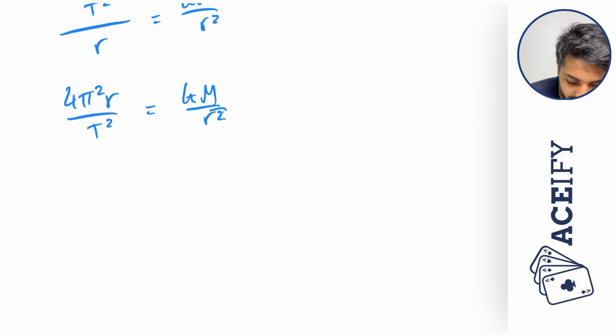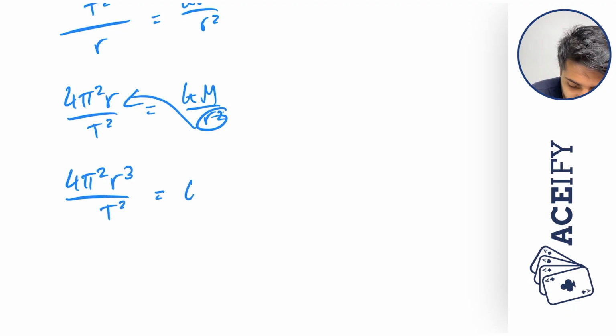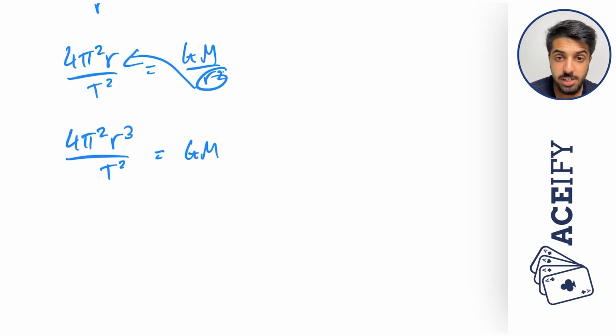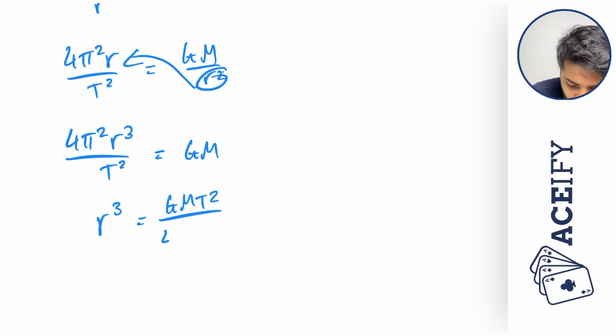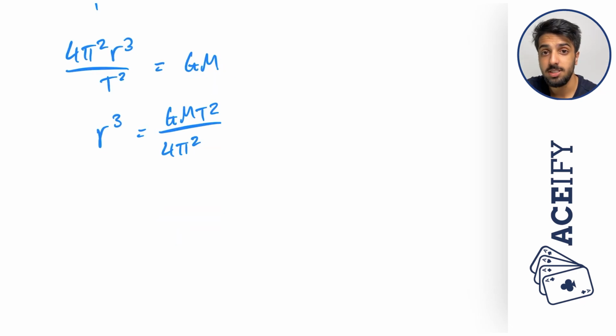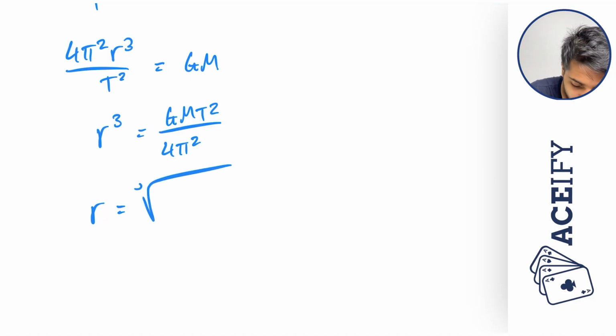Now we can move this r squared up here, and we get 4 pi squared r cubed all over T squared is equal to GM. Now we want to rearrange for our radius, and we get r cubed is equal to GM T squared all over 4 pi squared. Now obviously to get r by itself, we can cube root the entire thing, and we get r is equal to the cube root of GM T squared all over 4 pi squared.